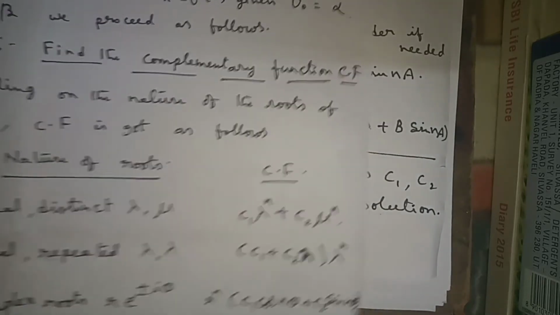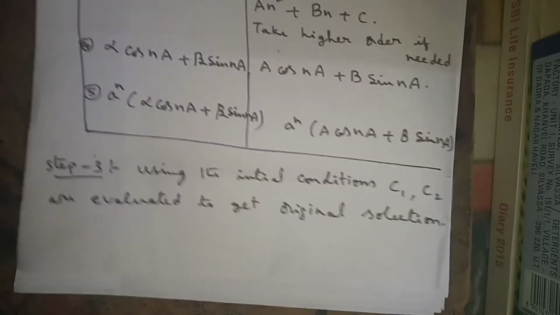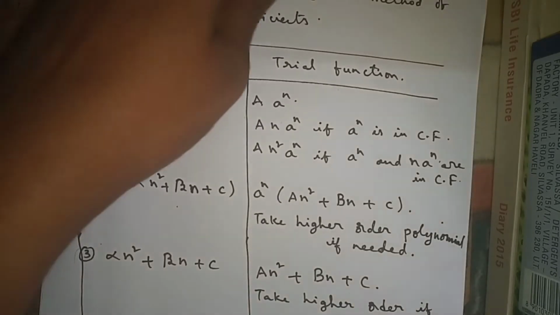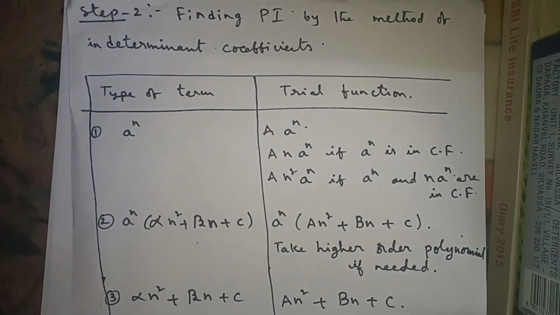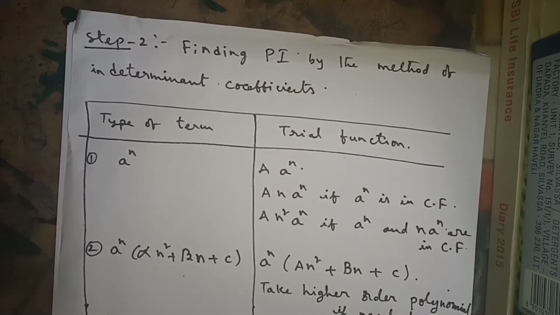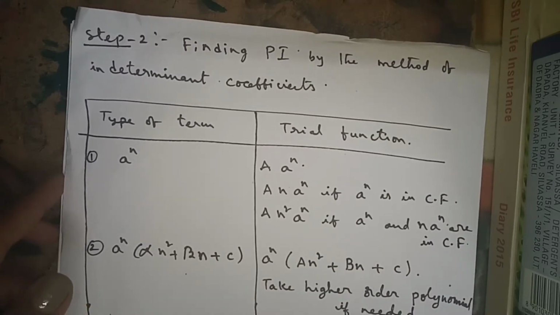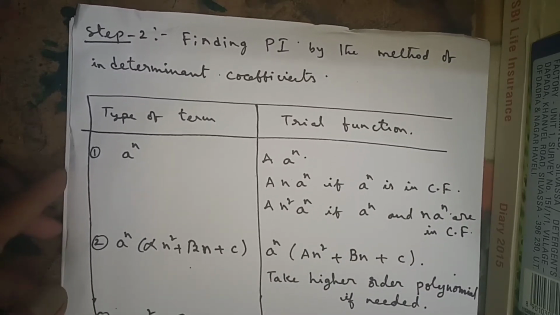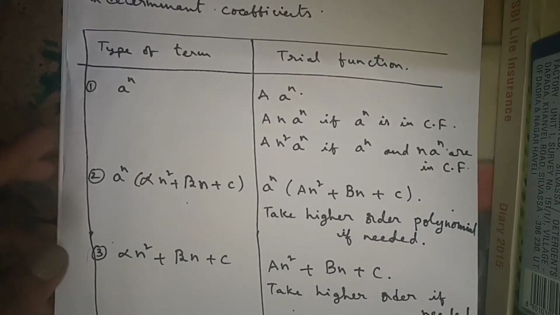And then step 2, finding the particular integral. For this also we have a few formulas. Finding the PI, particular integral, by the method of indeterminate coefficients. Now, what is this method and how to use it?